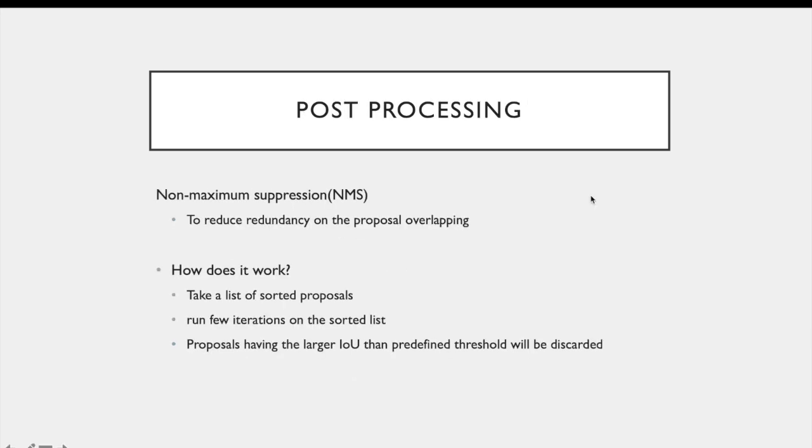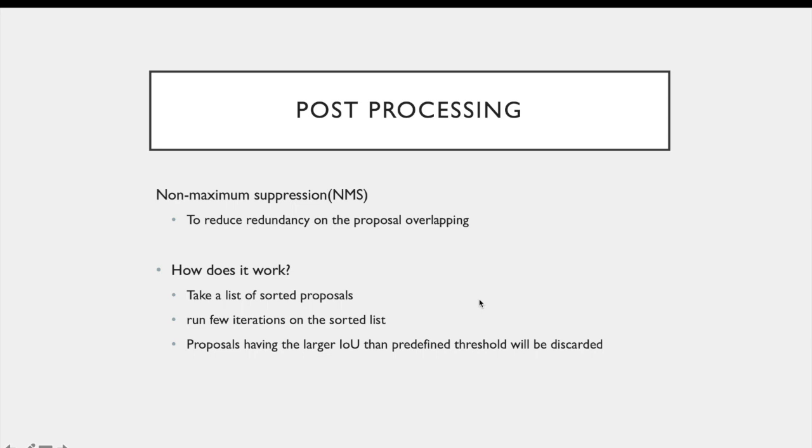Some of the RPN proposals highly overlap with each other. So in order to reduce the redundancy, we adopt a mechanism called non-maximum suppression on the proposal regions based on their classification score. So how does it work actually?